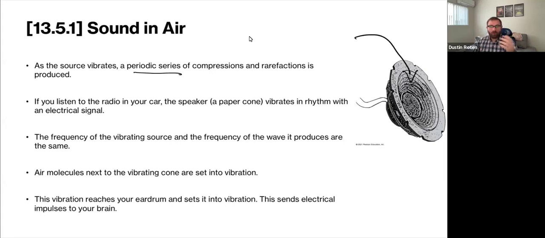So essentially, whatever signal you're inputting into your speaker, it's got to have some sort of wave motion, right? That's going to cause your speaker to move back and forth. So whatever the frequency of the electrical signal is, it's going to be the same frequency coming out of the speaker. And those air molecules next to the vibrating cone, they start vibrating.